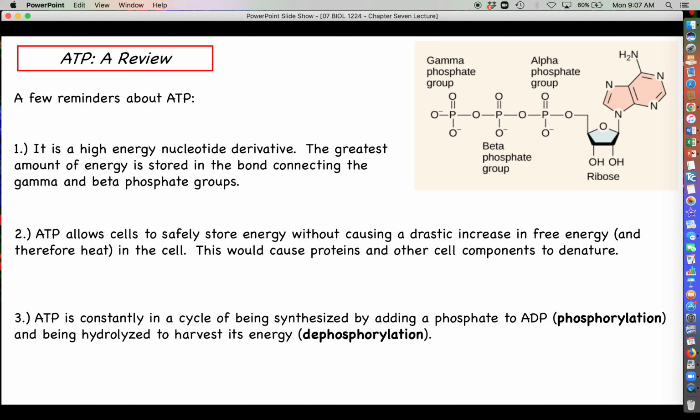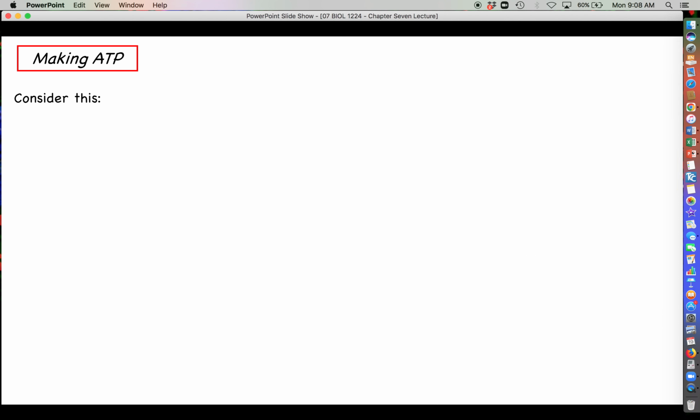As I was saying before, ATP is in a constant cycle of being synthesized from ADP by attaching a phosphate to it through a phosphorylation process, and then being hydrolyzed to harvest its energy through the dephosphorylation process. The process of using an enzyme to attach a phosphate to ADP, we call phosphorylation, and taking it off to harvest the energy is dephosphorylation.